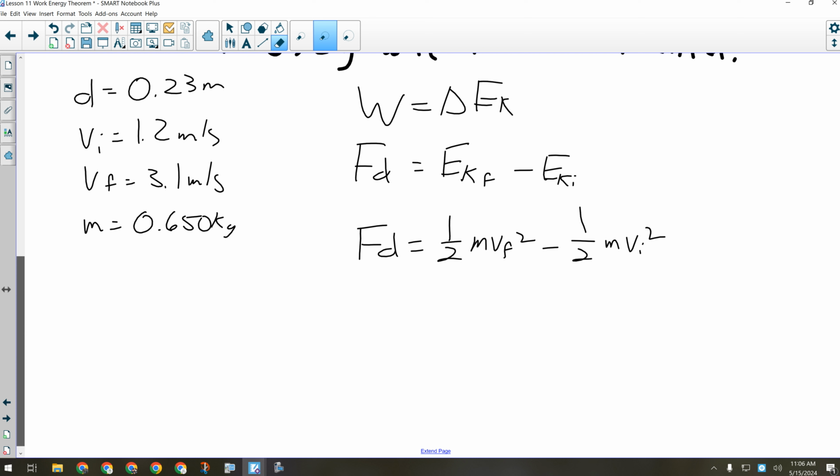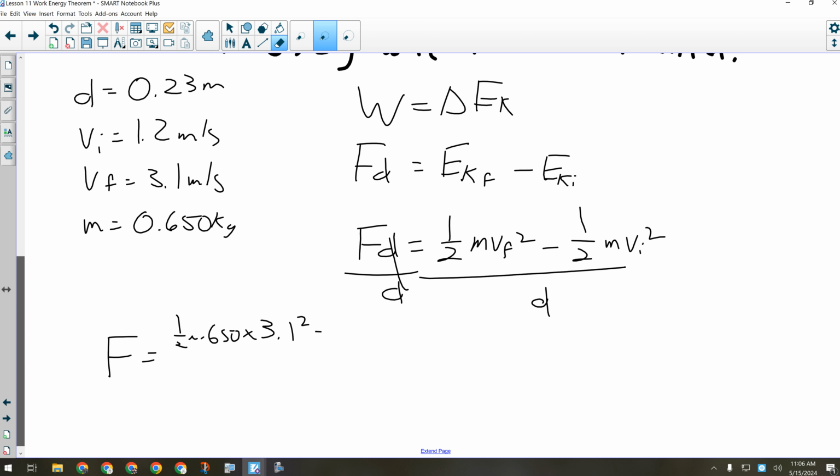And then if I want to get force by itself, what do I do with D? Divide it over to the other side. So divide by D. Now I can plug in my numbers. So F is going to equal 1/2 times 0.650 times 3.1 squared minus 1/2 times 0.650.